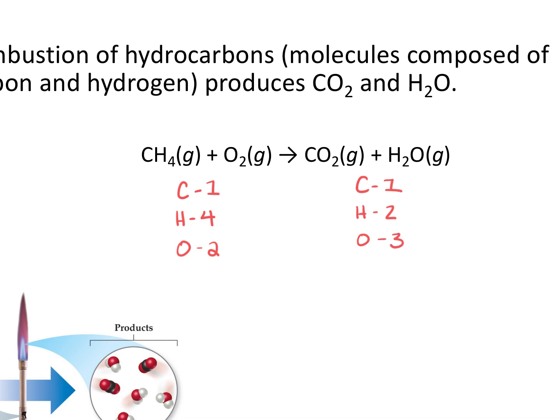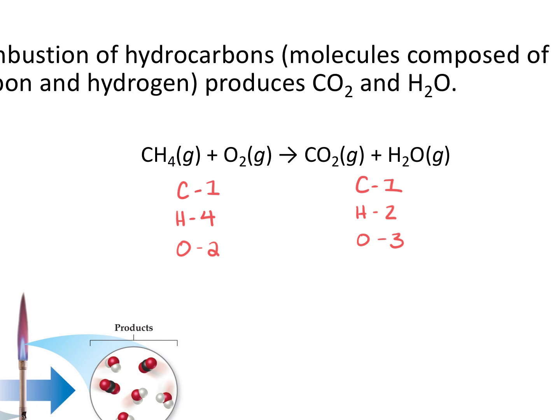We always start looking at carbon first because we want to leave hydrogen and oxygen till last. So our carbons are balanced. We don't really have to mess with those. The next one that I would go to would be hydrogen. The reason I would go to hydrogen is because when we look at oxygen, oxygen is here and here. So hydrogen is just in one compound here and one compound here.